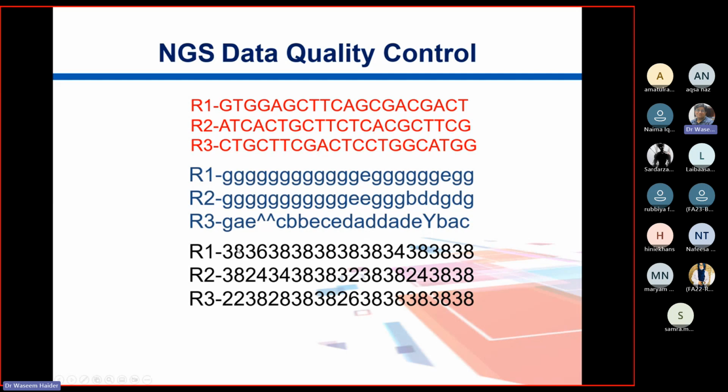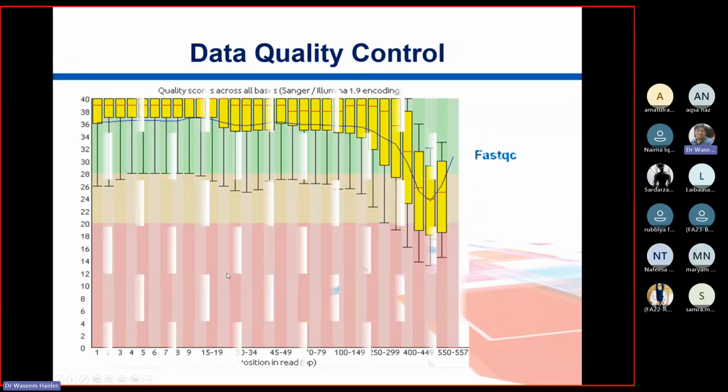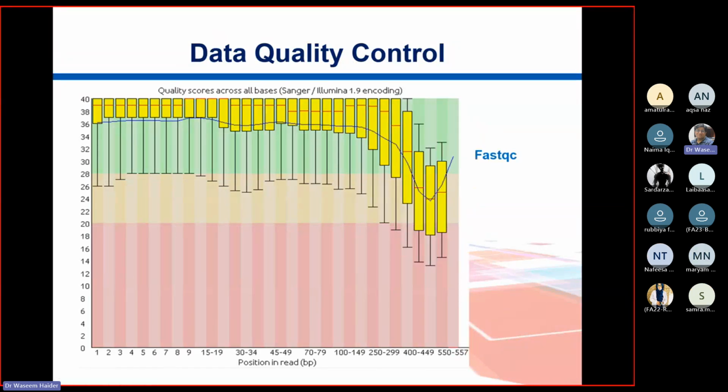We also take those quality scores, and since these are numbers, we can take the summary statistics, so we can get the mean, mode, median, or we can get those box plots and see how the trend goes. So these are the box plots of quality scores. These boxes indicate the middle class. Up till this point, where this box starts, these are your lower 25% of the population, right?